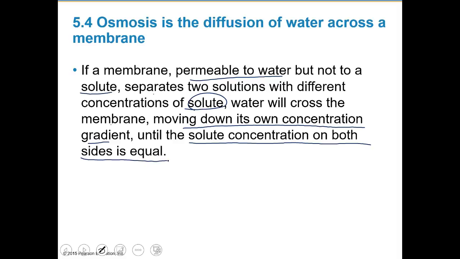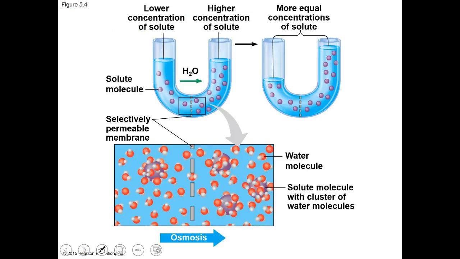Notice the solute concentration is equal. So you may have to come back to this part. We can look at it again, but here's an example. If we have this tube and we have water in it, and this particular thing is only permeable to water, if we have a higher concentration of solute, the water will typically try to go that route. It's trying to make an equal solute to water ratio.